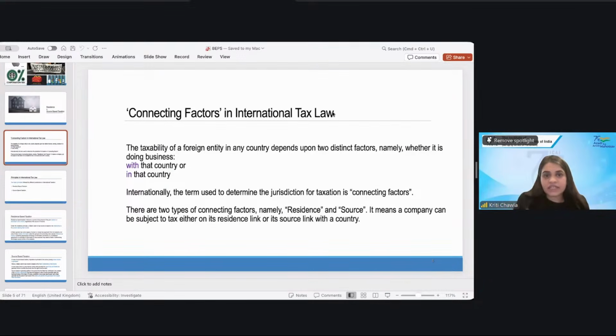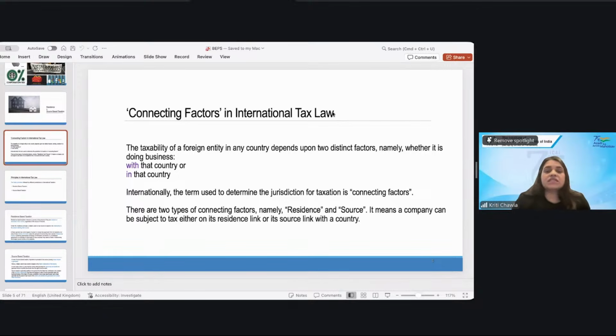So the taxability of a foreign entity in any country depends on two factors: whether it is doing business with that country or doing business in that particular country. That is basically called connecting factors. And there are two connecting factors, which are residence and source.